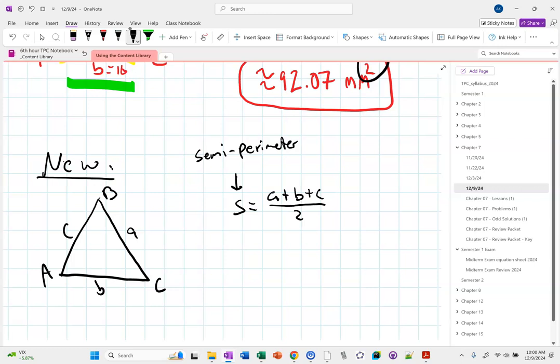Notice A plus B plus C is the perimeter of the triangle. So if I divide it by 2, it's a semi-perimeter.